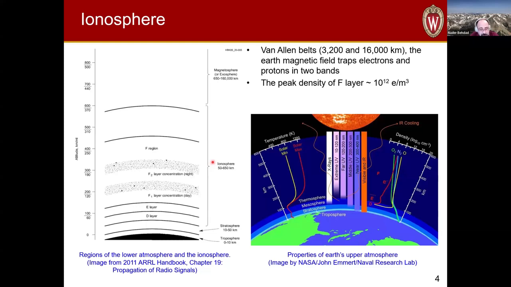This is the region where we have a lot of ionized molecules, and generally we divide it into different layers: the D layer, E layer, and F layer. Sometimes, during the day, the F layer is divided into F1 and F2 layers. These are not exactly well-defined layers, but they have different concentrations of free electrons in the ionosphere.